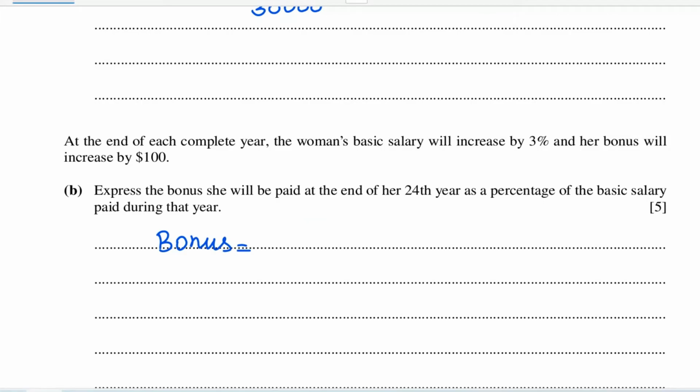So we will use here an arithmetic progression. To find the nth term, the formula is a plus n minus 1 multiplied by d. So the initial bonus she gets is 600 plus, at the end of the 24th year, n minus 1 is 23.